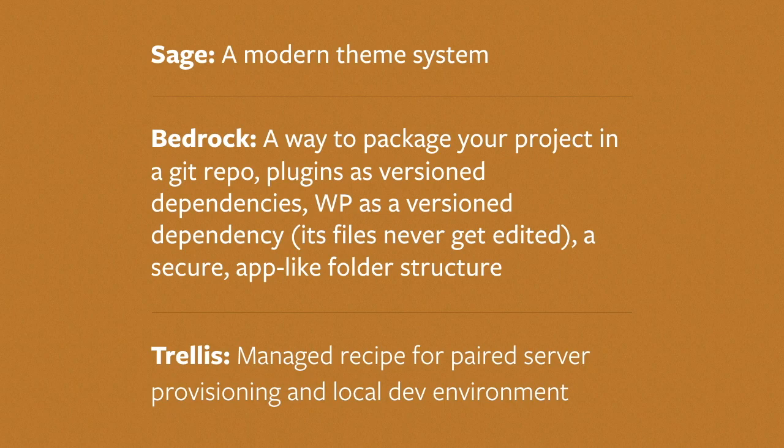Trellis is a bunch of definitions for what to install on the server, and some scripts to be able to point to a blank server running Ubuntu, for example. I run that script and it will install everything on it. Same thing with your local environment. Those scripts just set all that up and keep everything the same.